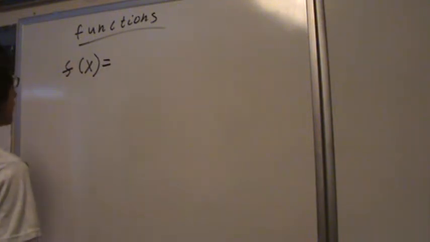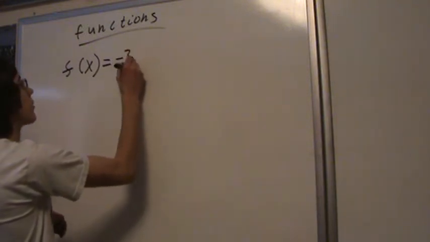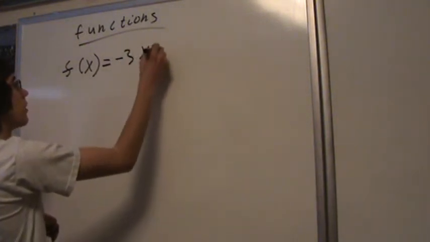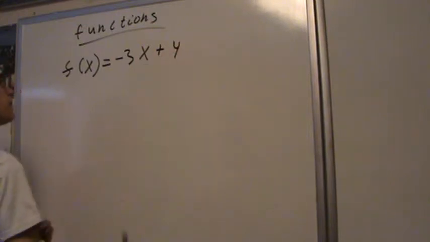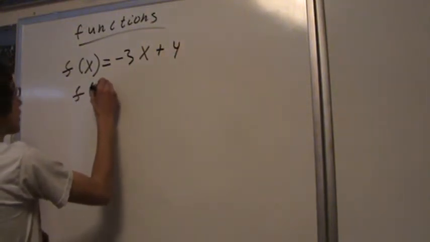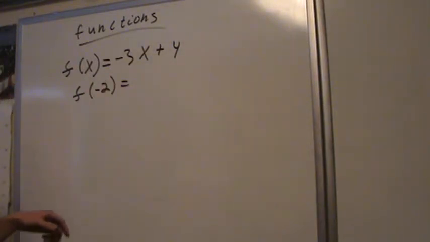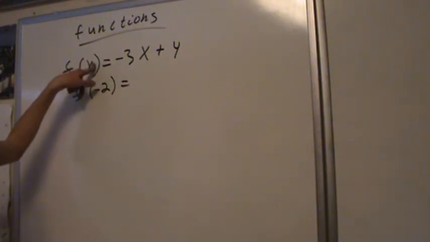Now, suppose they give you negative 3x plus 4. And they tell you that the function is negative 2. This is in place of the x, so -2 is x.